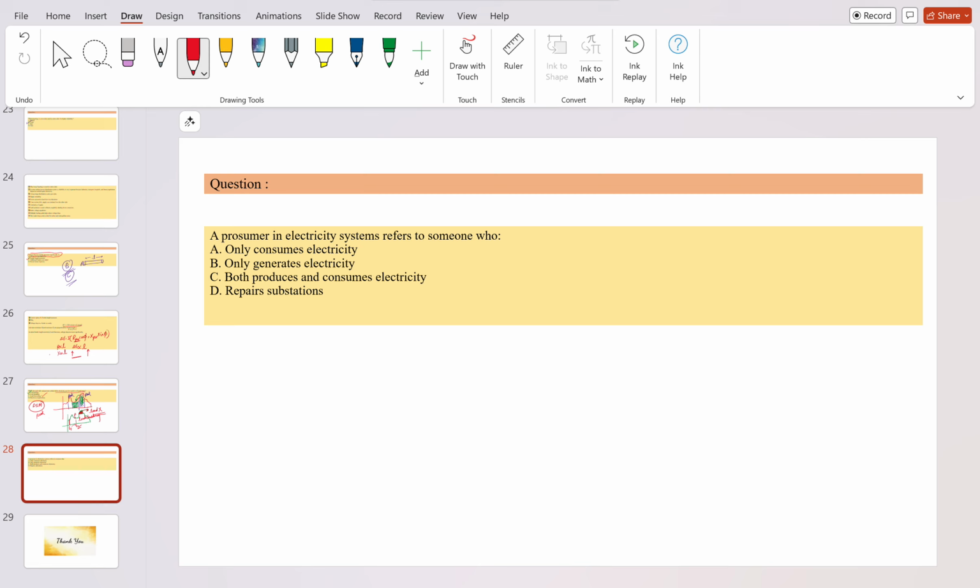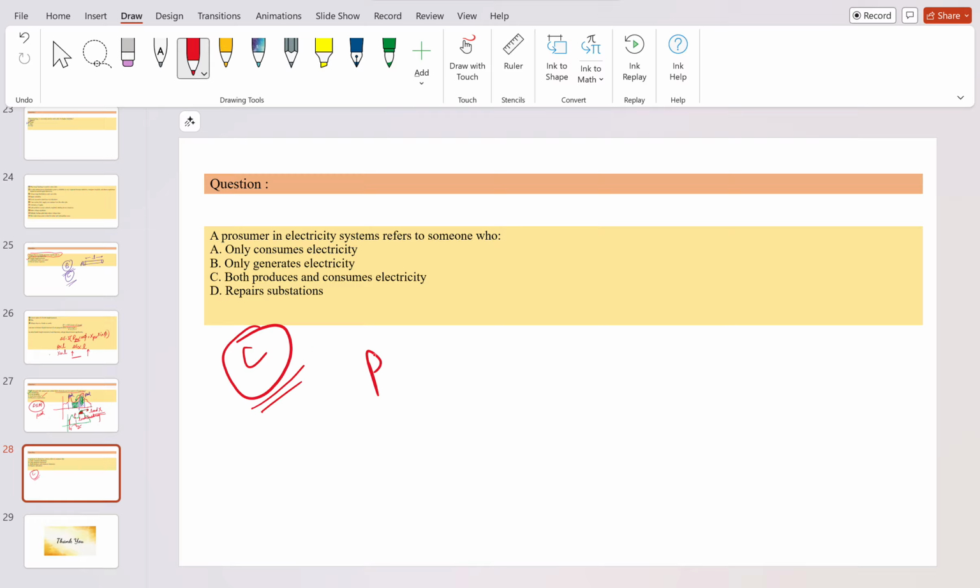Try to solve this problem. Okay, I got the option is C. That's true.